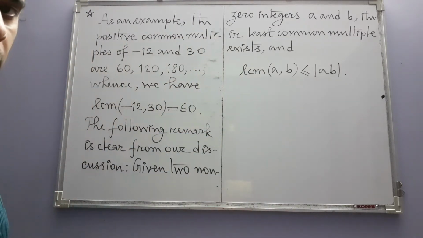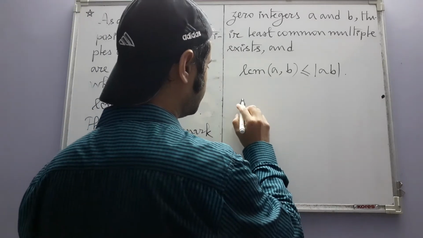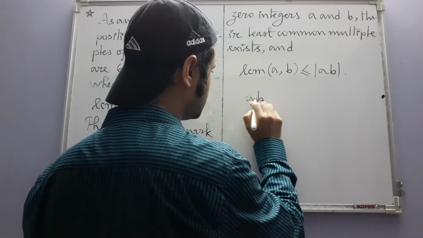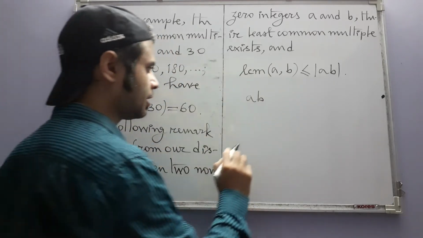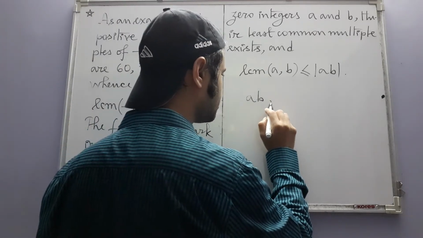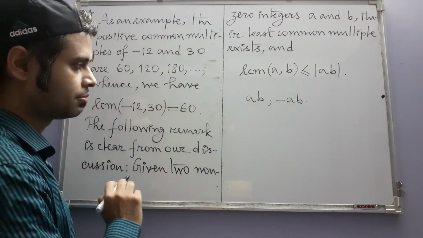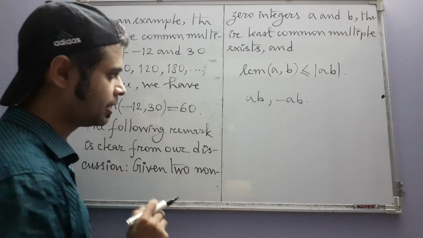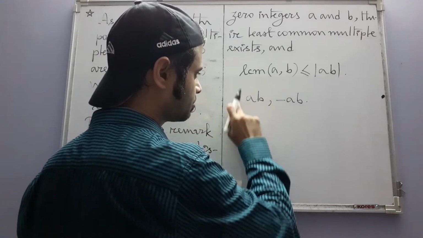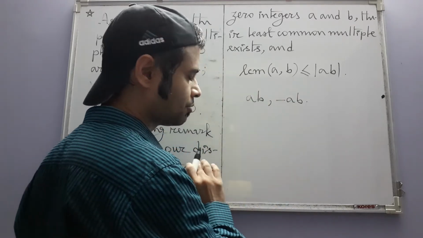which is coming from where in fact, because we have already seen that AB is a common multiple of A and B, and in fact minus AB is also a common multiple of A and B. One of them will be positive and the other will be negative because they are both non-zero, so their product is non-zero. Among them, the positive will be a positive common multiple.